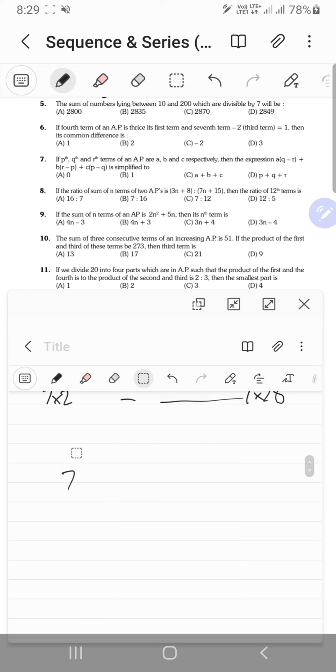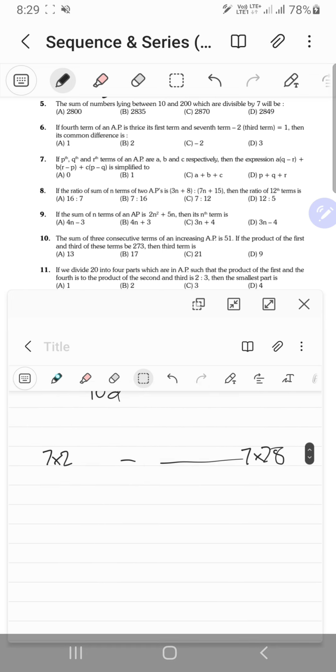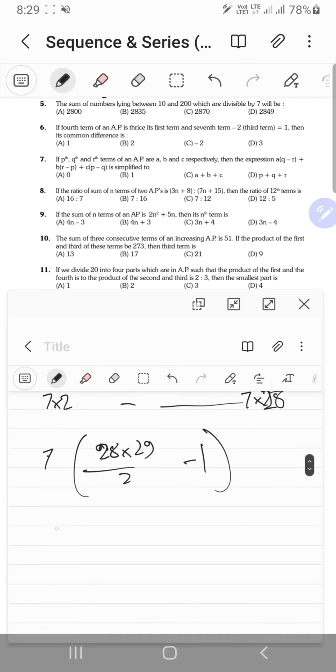So that's all the numbers, going from 7 times 2 to 7 times 28. What you want is the sum of these numbers, and that will be 7 into 1 to 28, which is 28 into 29 upon 2, and then minus 1 because you added an extra 1, so you need to remove it. So 7 into 14 into 29 minus 1.